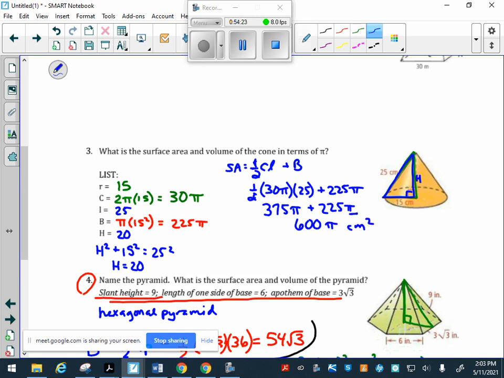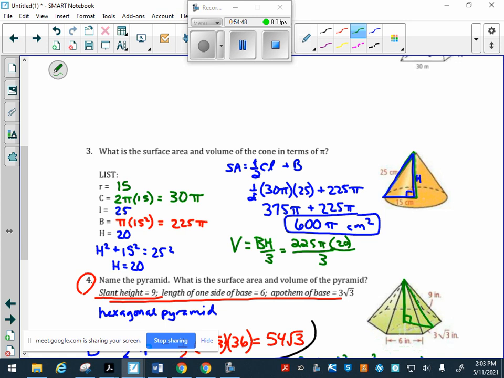And that's surface area, so square centimeters. Volume, capital BH over 3. Area of the base, 225 pi. Times the height is 20.